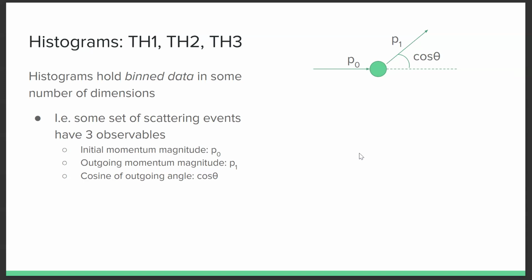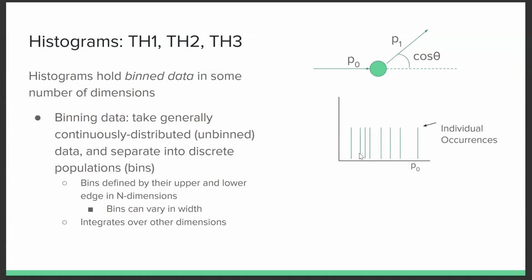So let's say I have some set of scattering events, and I have some particle coming in with initial momentum p0, it strikes some target, and then that particle scatters off into some other direction given by some angle, and its momentum magnitude p1. And I can choose any of those and then have a continuous distribution with individual occurrences that I want to then bin into some histogram for statistical analysis.